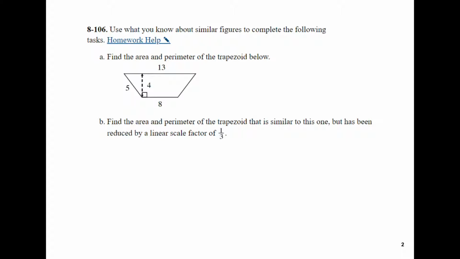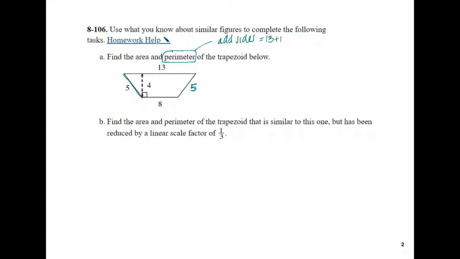8-106 says use what you know about similar figures to complete the following task. Find the area and the perimeter of the trapezoid below. When we look at perimeter, we want to add up all of our sides. If this side of our trapezoid is 5, this side opposite is also 5.